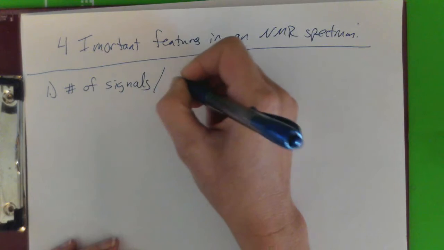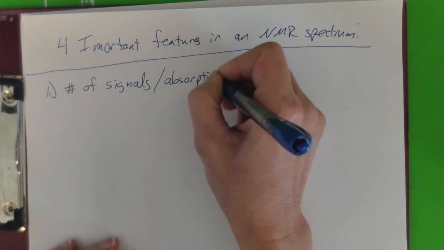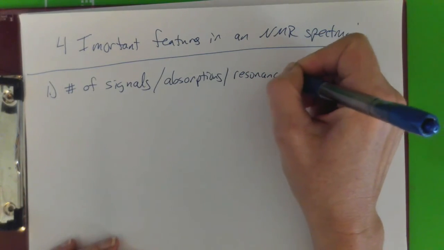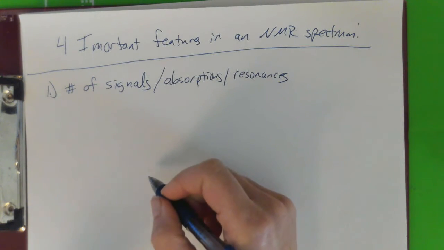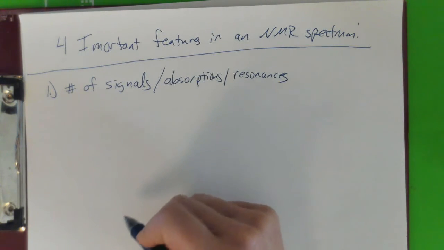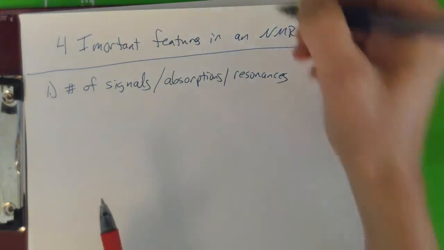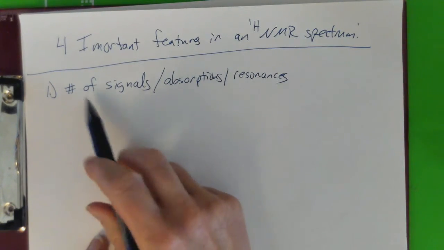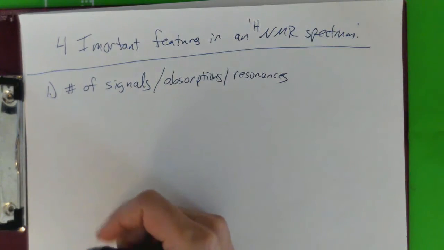You can also see this referred to as absorptions or resonances. So the number of signals tells us how many different types of proton environments there are in a molecule. Okay, so I'm going to make this about proton NMR. I'll put here a little proton, since that's the first one we're talking about. So the number of signals tells us the number of proton environments there are.